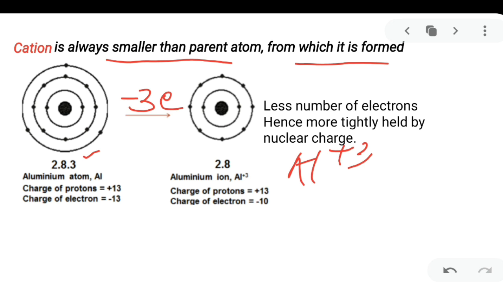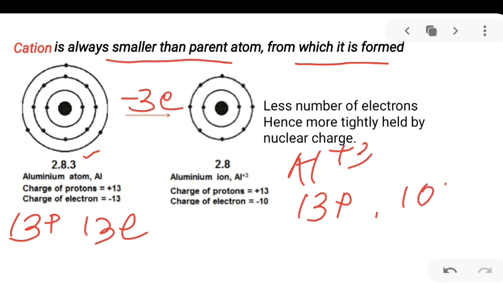When number of electrons decreases, it is tightly held by the nuclear charge, because in aluminium atom there are 13 protons that need to attract 13 electrons. But in case of the aluminium ion, there are 13 protons that need to attract 10 electrons. So it is quite easy to attract 10 electrons instead of attracting 13 electrons. So in this case, the size of the cation decreases from the neutral atom or from the parent atom.